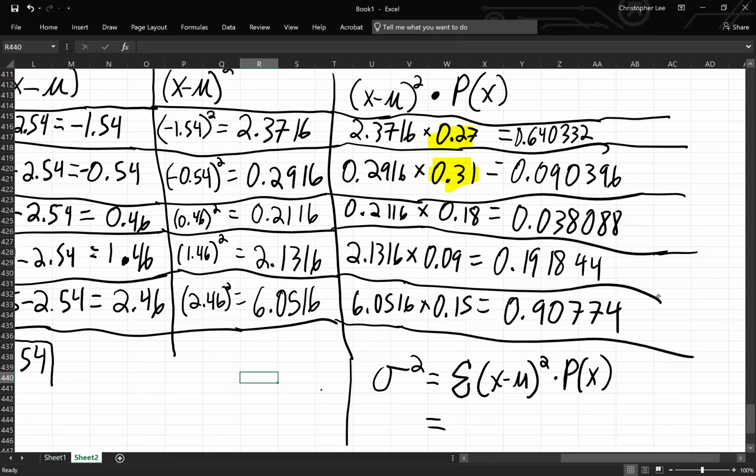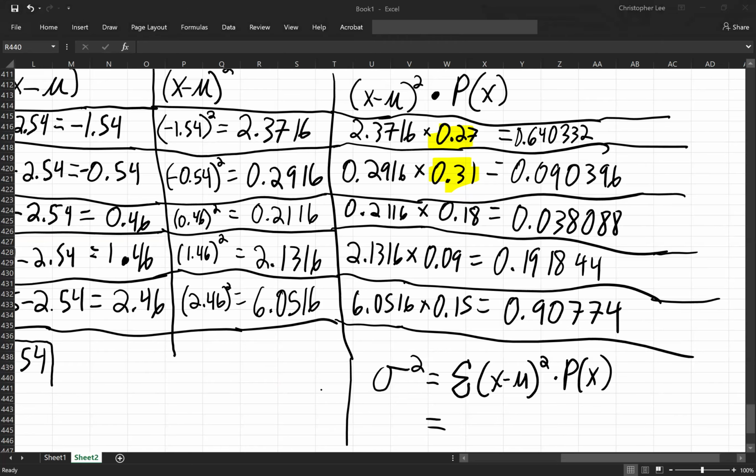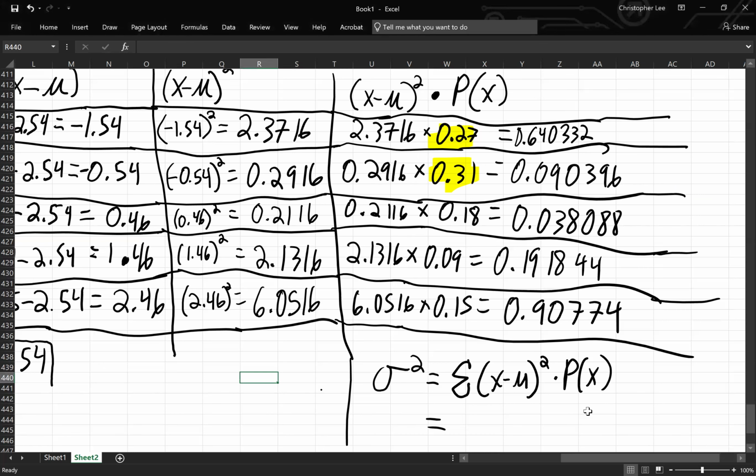Just add straight down. 1.868433. 1.8680436.